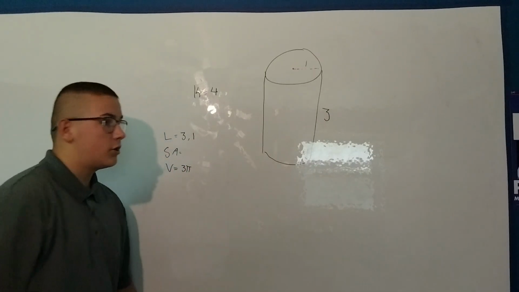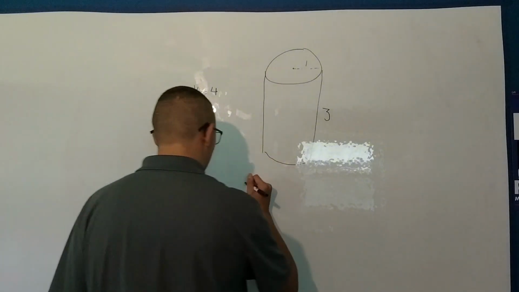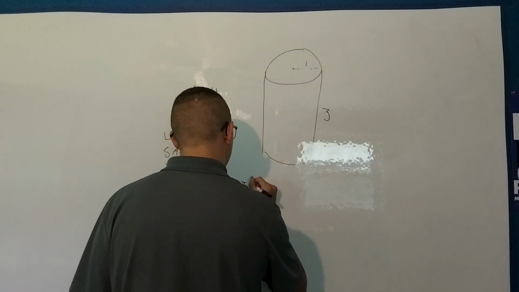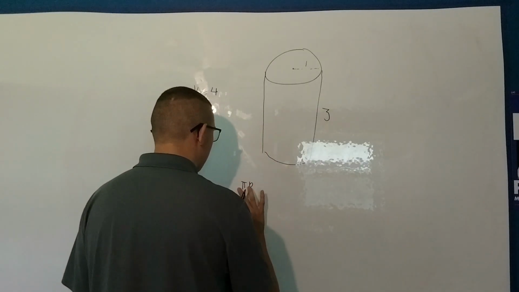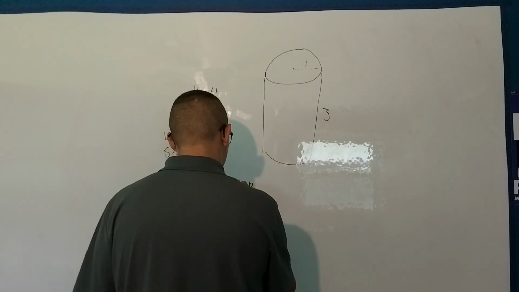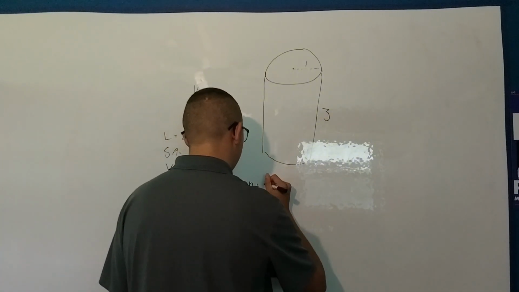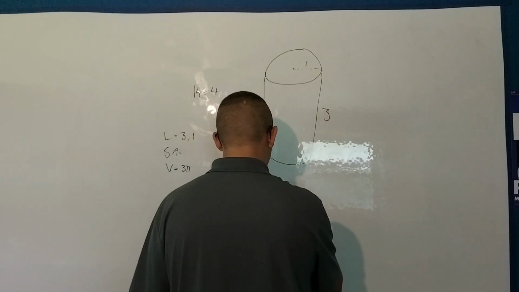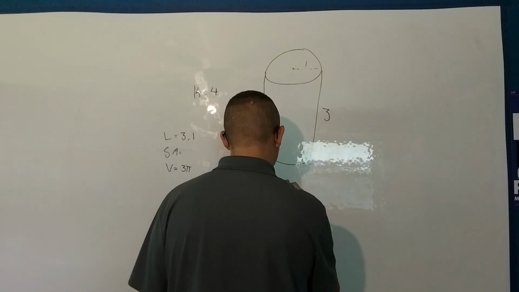Now our surface area, if you remember the long formula to solve for surface area, equals 2 pi, what is it? 4 pi r or something. 4 pi r squared plus 2 pi r height, like that.